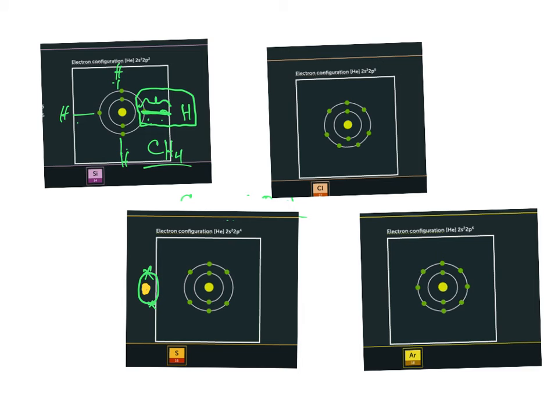Draw them a little bit larger. And then the second valence shell with 1, 2, 3, 4, 5, 6 electrons. And then if oxygen were going to form bonds, it would form a bond between those two and those two, giving 8 to each, and then that would be O2. So that's that molecule.